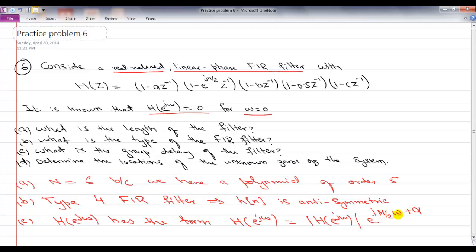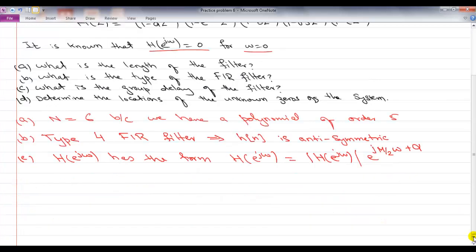So a linear phase filter's group delay is given by, if you remember the definition of the group delay, minus d theta of omega by d omega. So that is equal to M by 2. M in our case is 5. So our group delay is 2.5.